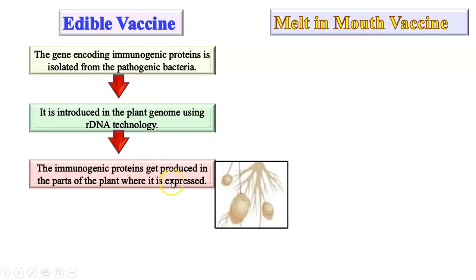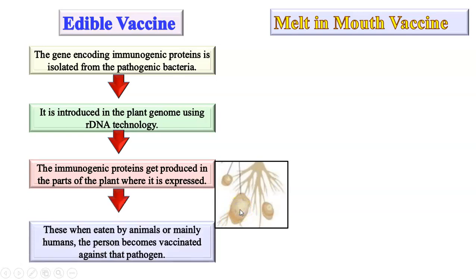The immunogenic protein gets produced in the parts of the plant where it finds its expression. For example, in a potato plant, if this gene is introduced, then that immunogenic protein gets produced in the potato tubers. When these are eaten by animals or mainly humans, people get vaccinated against that pathogen.